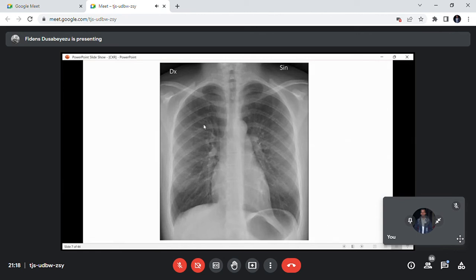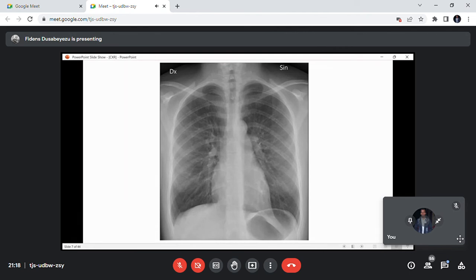From the second to the fourth, you make a horizontal line, and that is the middle zone, and inferior to that is the lower zone. And when you are describing a chest radiograph after interpretation, you say there is a focal opacity in the right or left middle zone or lower zone. And from there, someone can say, okay, if it is like that, then I think it can be this and this. Okay?